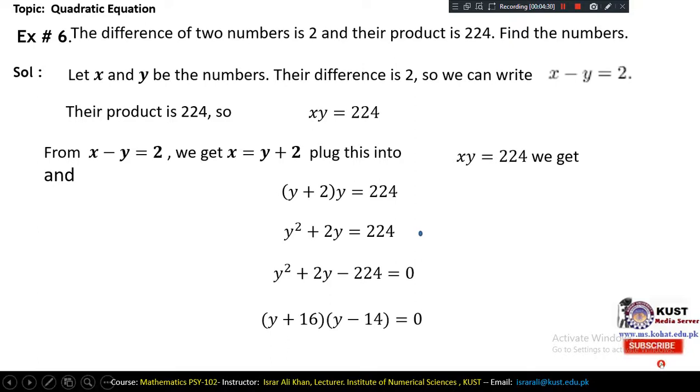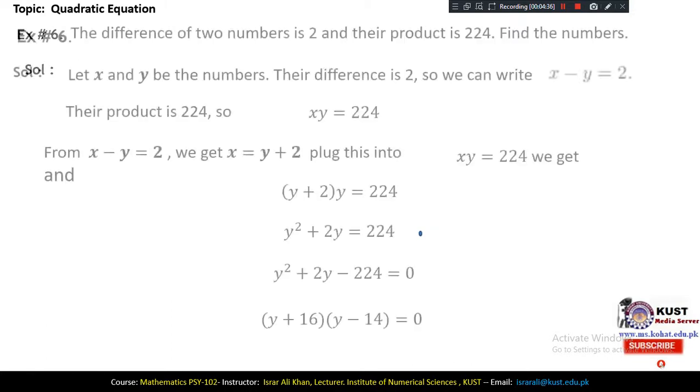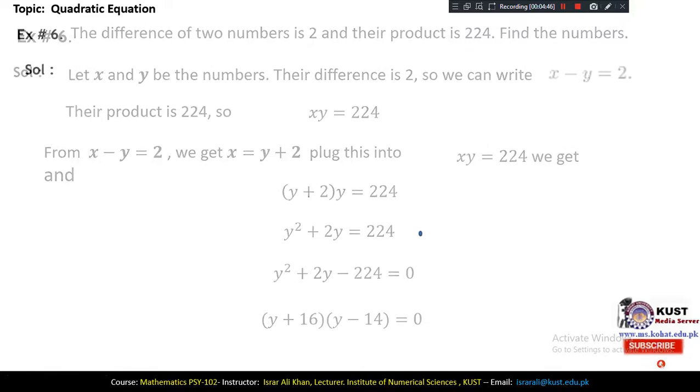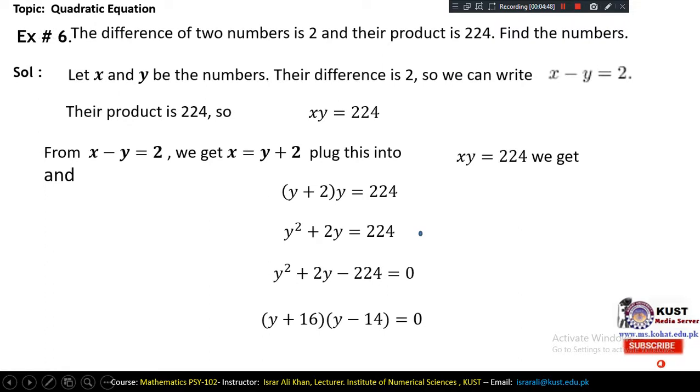From x - y = 2, we get x = y + 2, and we plug the value of this x into xy = 224. So we get a quadratic equation in y, that is y² + 2y - 224 = 0.